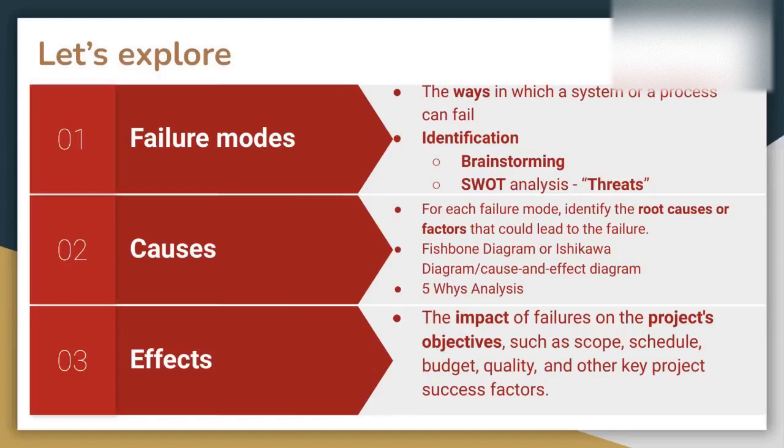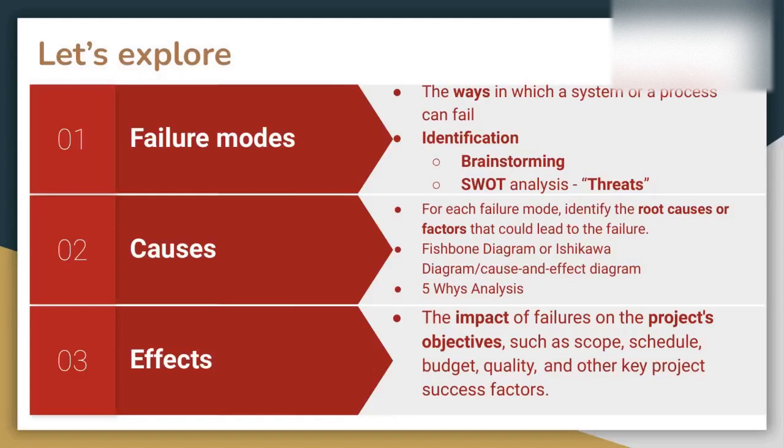For example, I mentioned the fishbone diagram, or Ishikawa diagram, or cause and effect diagram, right? This is a tool or technique which is used to identify the failure causes. The project team can brainstorm and categorize these potential root causes under different branches of the Ishikawa diagram.